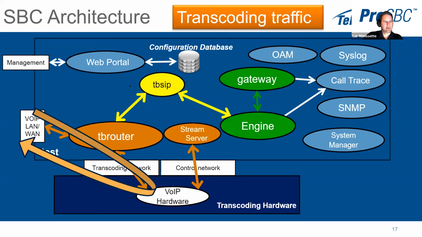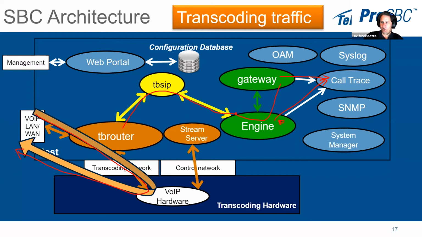The question is, in call trace, can we only see SIP signaling and no media? Correct. What you see in the call trace is only the SIP signaling that is sent here, and you don't see the RTP traffic because it's running here. However, you get some statistics on the RTP traffic, because when the communication is finished, data is relayed in those systems, saying, for example, that in that communication maybe I lost 3 RTP packets.